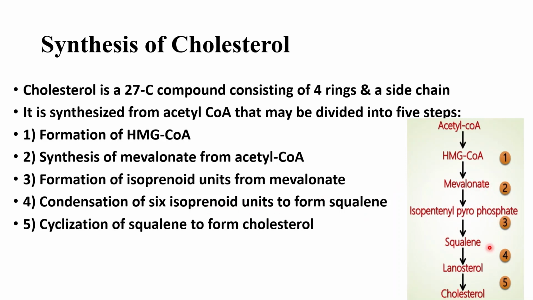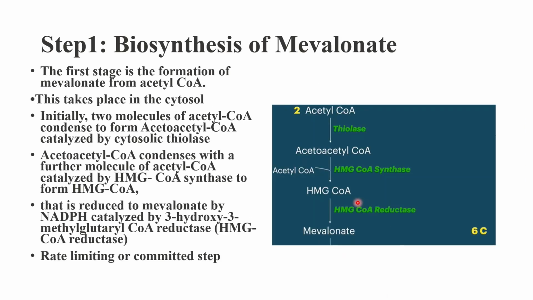Now coming to the very first step, the biosynthesis of mevalonate. Two acetyl-CoA moieties condense to form acetoacetyl-CoA in the presence of the enzyme thiolase, and this takes place in the cytosol.